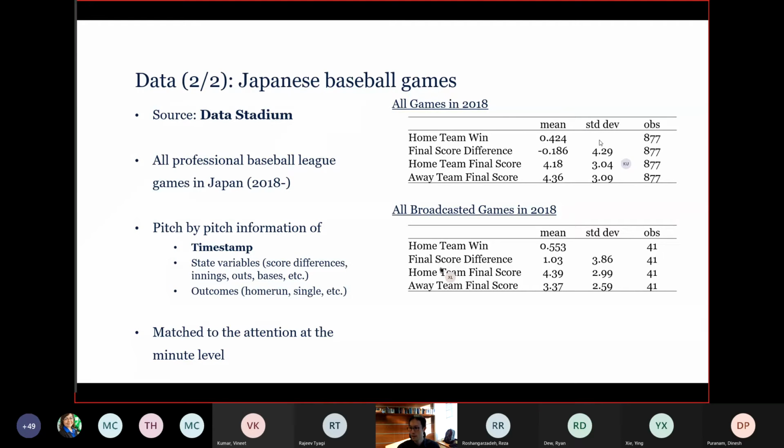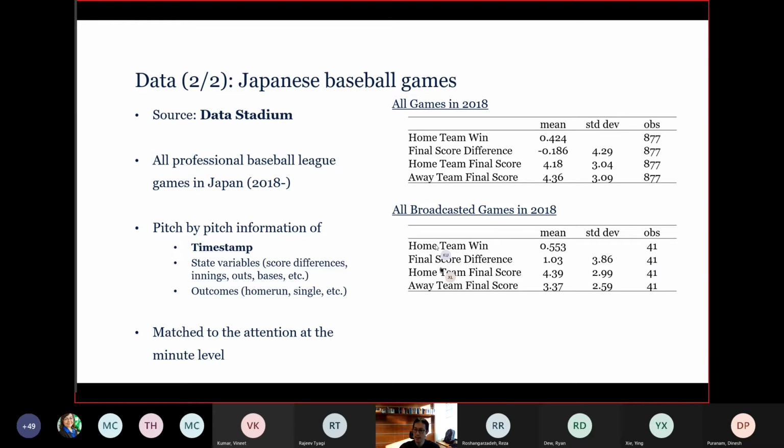In terms of some summary statistics, we're going to use the professional baseball games in 2018, which is about 900 games. And the probability that the home team is going to win is about 42.4%. But if you focus on the data that were broadcasted in 2018, that's 41 games.